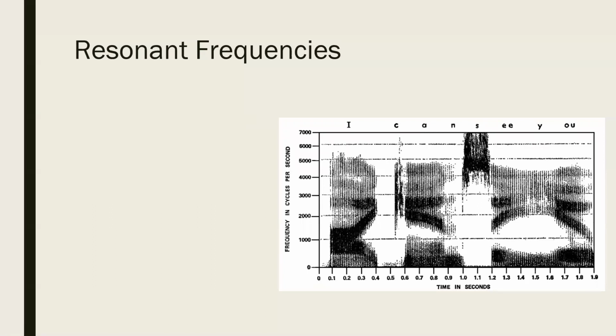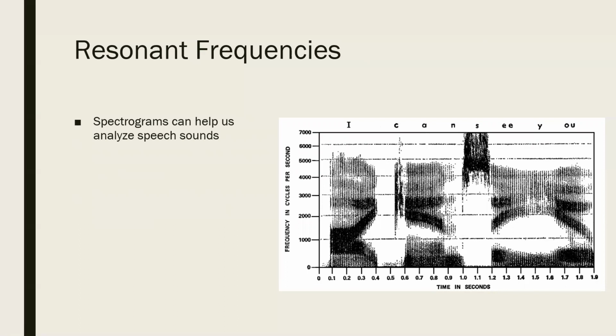So as I mentioned when talking about vowels, the sound that we associate with the vowel is caused by the resonant frequencies of our upper vocal tract. And it's useful for phonetic analysis to actually plot what the resonant frequencies are while speech is being pronounced. Linguists do this by using what's called a spectrogram.